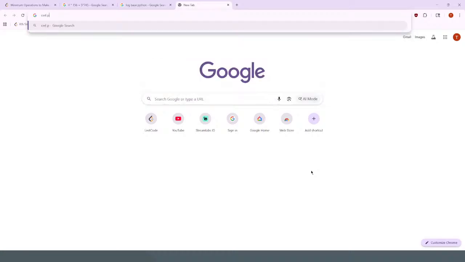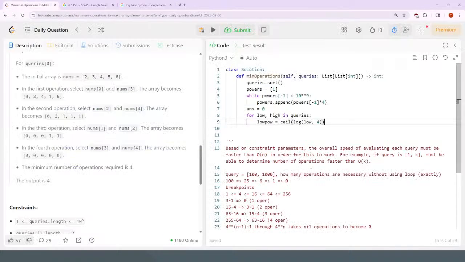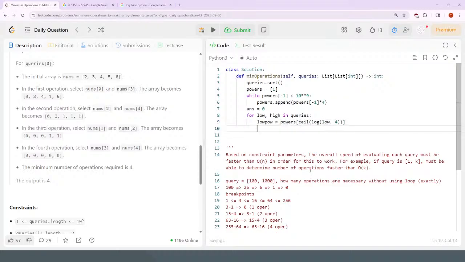Math.ceil. Okay. So that should give me the index into the array. So it should probably be powers of this. And I guess I can try to print this. Print the low and the low power.